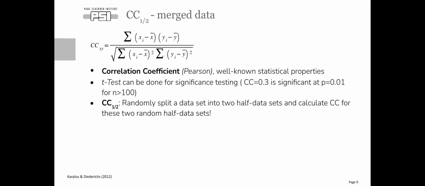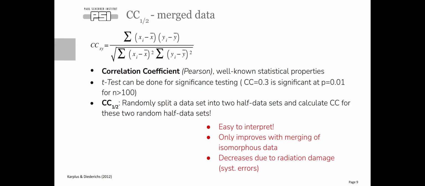From this correlation coefficient, you can derive a quantity called CC half, which basically means that you split your data set into two halves and then calculate the correlation coefficient from one half to another. So this will again give us only the precision of the data, but it's a little bit easier to interpret. As I said, you can use significance testing. It only improves if you merge isomorphous data, and it will decrease, for example, if you include data sets that have radiation damage.